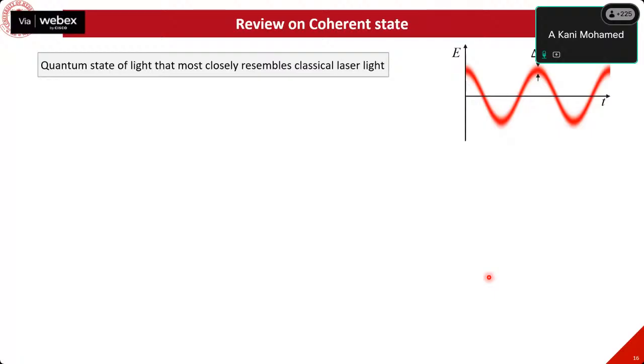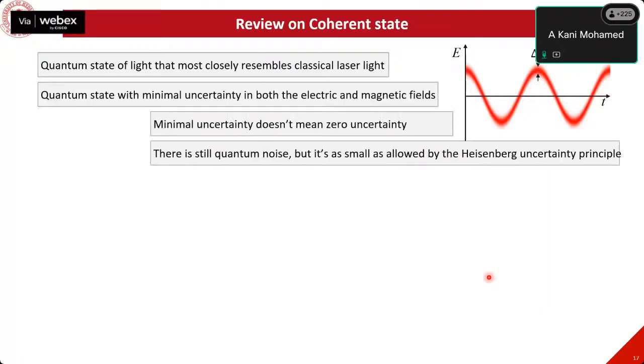It's a quantum state of light that most closely resembles classical laser light, and it is a minimal uncertainty state, with minimal uncertainty in both electric and magnetic fields. Minimal uncertainty doesn't mean zero. There are still quantum fluctuations, or quantum noise, but they are as small as allowed by the Heisenberg uncertainty principle.